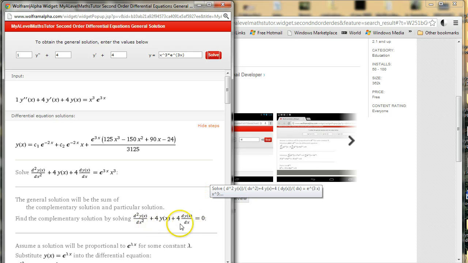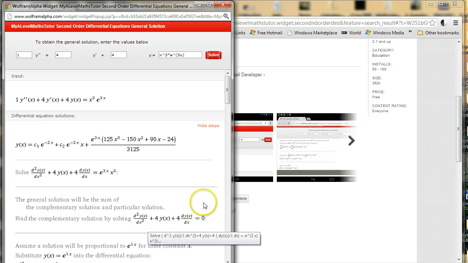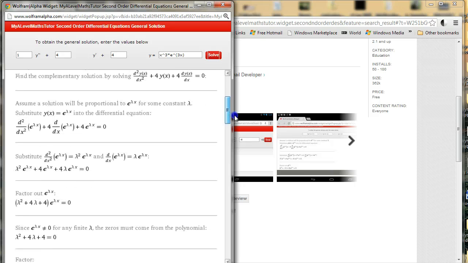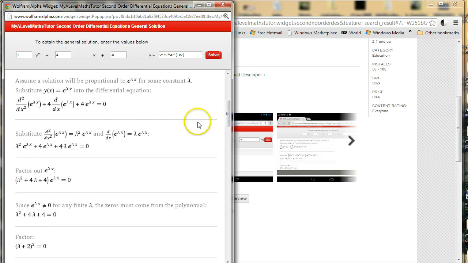Basically the yh comes from solving the same differential equation with the right hand side set equal to 0. And when we've done that, we can write down the associated quadratic equation. So we end up with lambda squared plus 4 lambda plus 4, which is here.